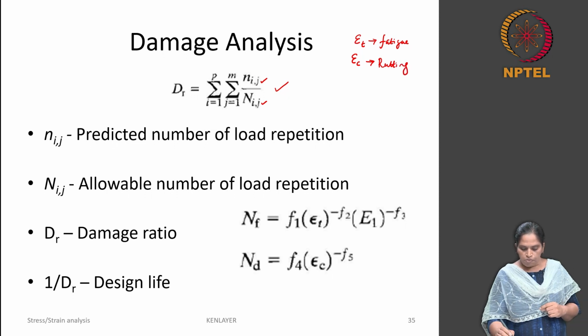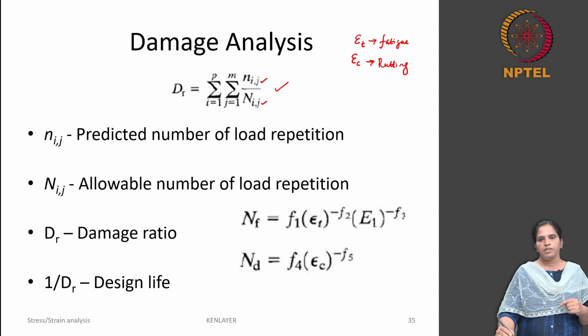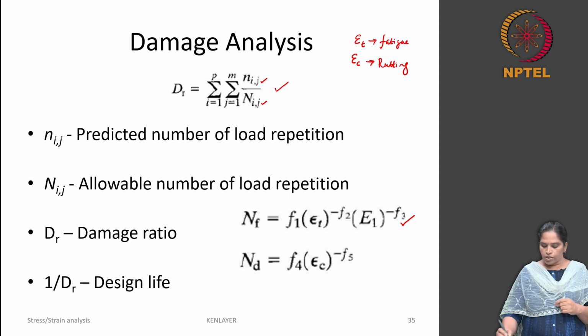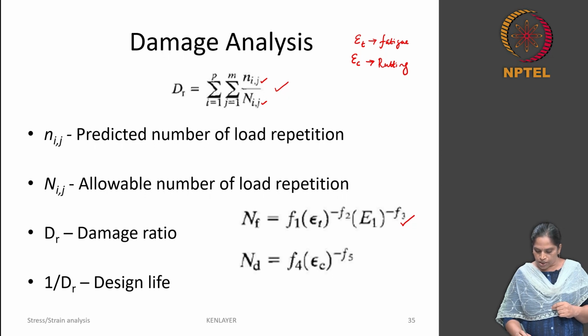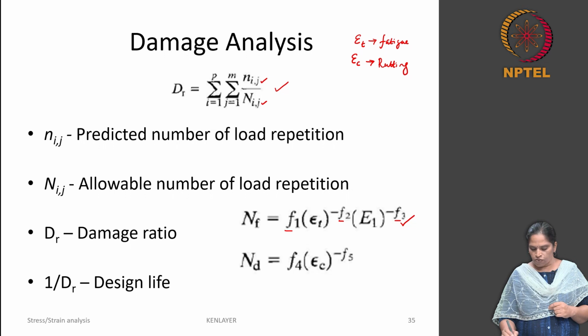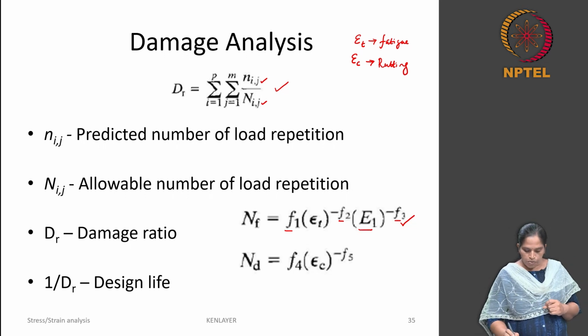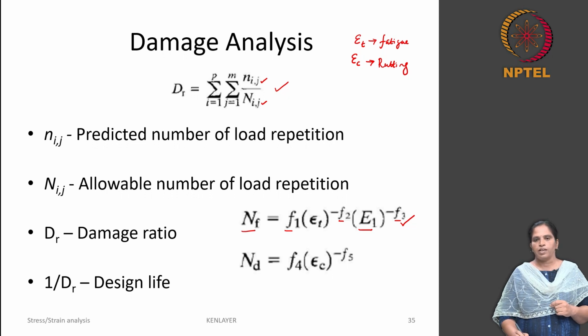Epsilon T has to be related to the number of repetitions, and we have a function here which we are already familiar with. Nf relates epsilon T to the number of repetitions. Nf is a function of epsilon T, with three constants F1, F2, F3, and E1, the modulus of the layer.